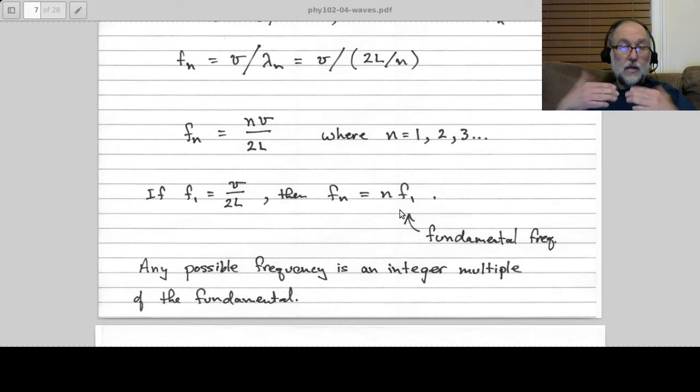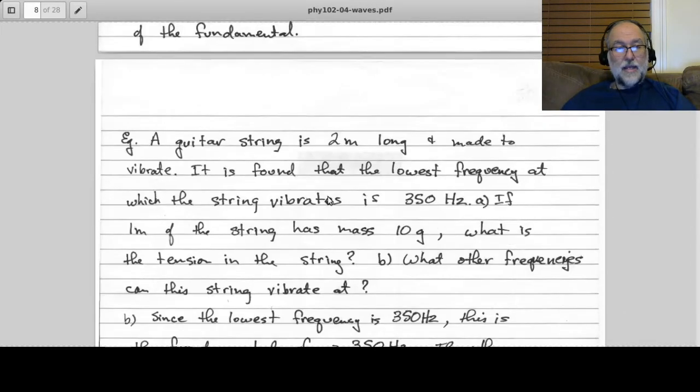So when you have standing waves, you get a lowest possible frequency, and all the other frequencies are integer multiples of that. You can't have just any old frequency. You just get these discrete frequencies, and they are always integer multiples of some base frequency. That's a property of all standing waves.